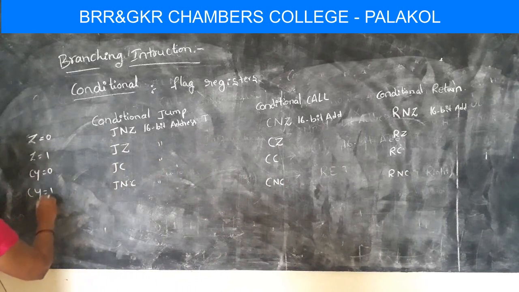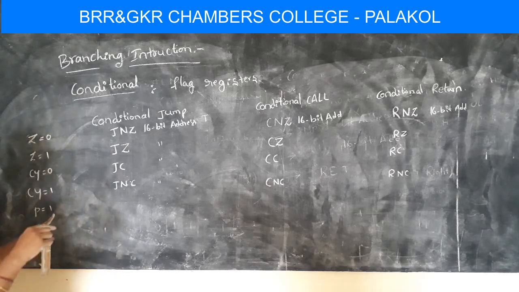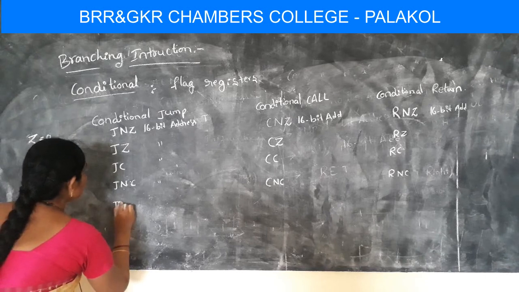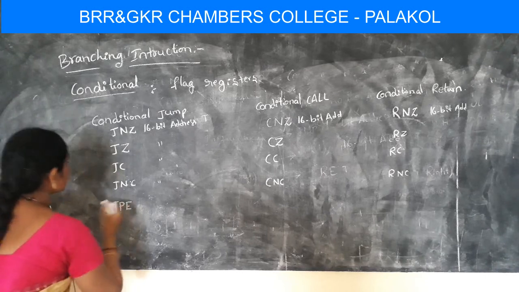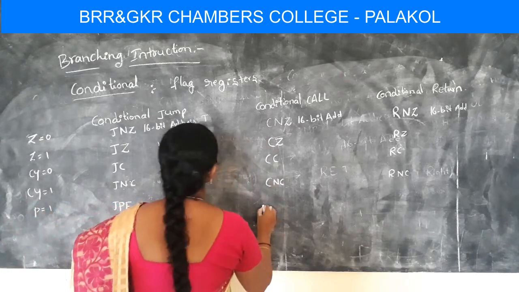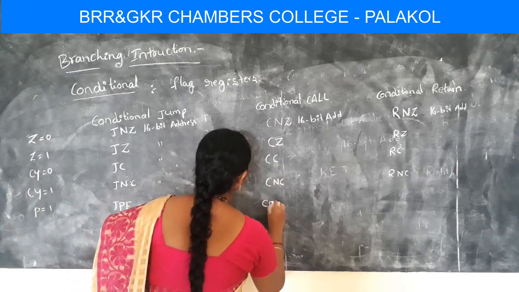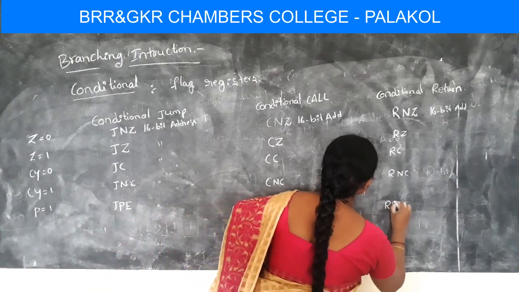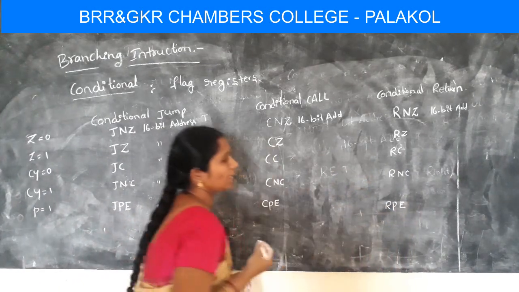After that the parity flag. Here parity flag equal to 1 is nothing but an even parity. So that is jump parity even, a conditional call, call parity even, and return parity even.